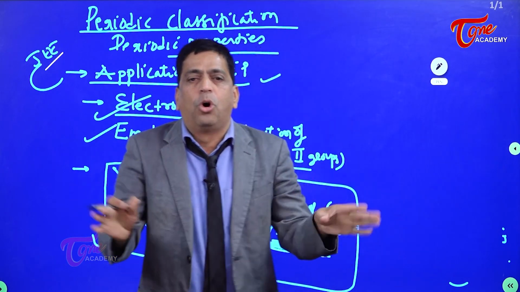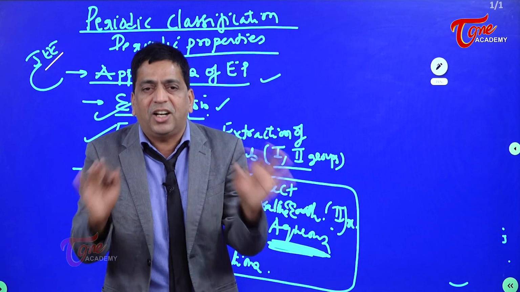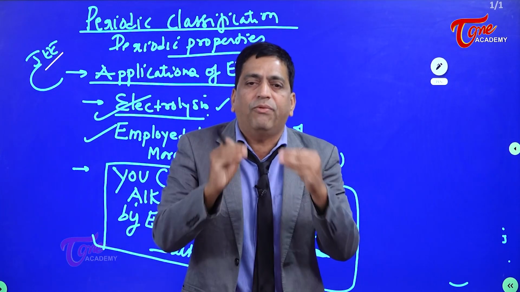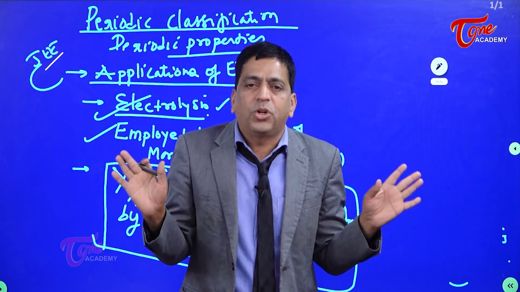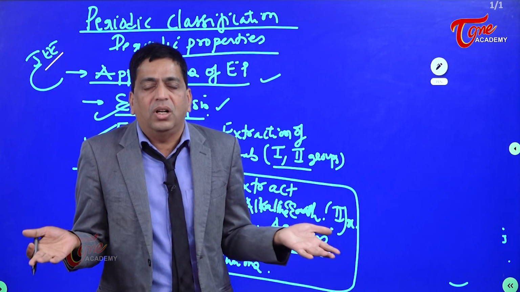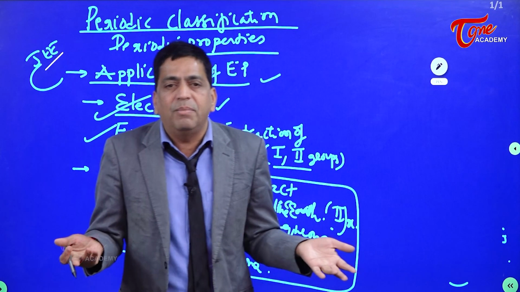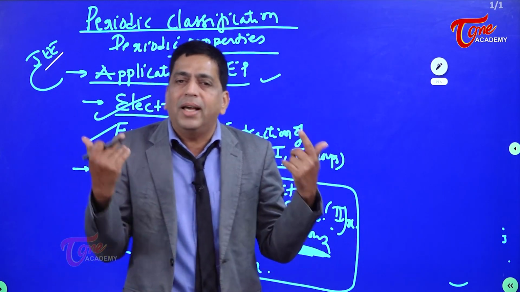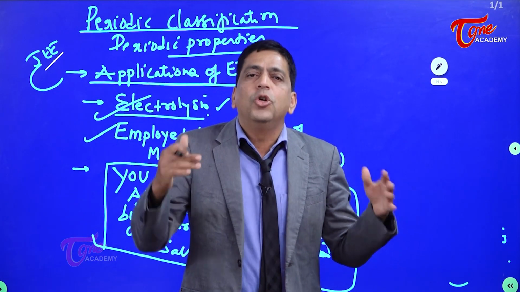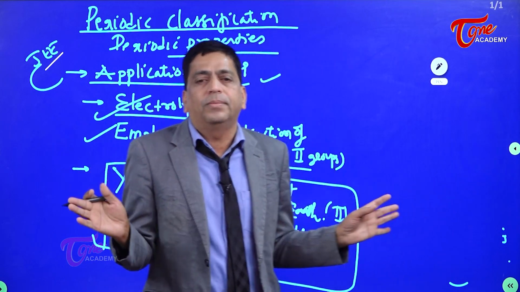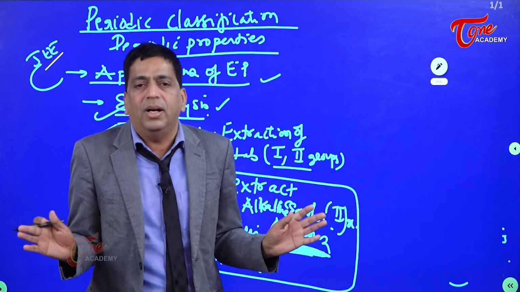So for the most electropositive elements, electrolysis is the due procedure to be followed. Number two, while you employ electrolysis, you can never extract an alkali metal or even an alkaline earth metal by electrolyzing their aqueous salt solutions. This is the second thing you must remember.